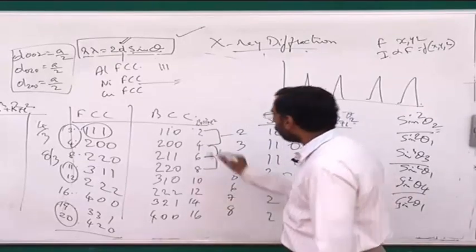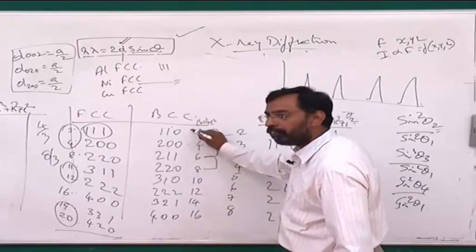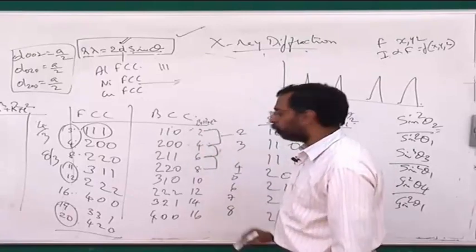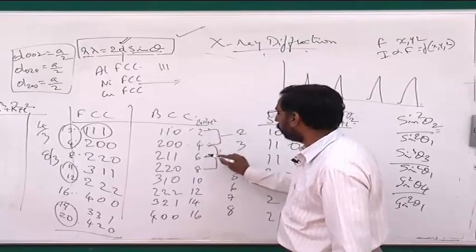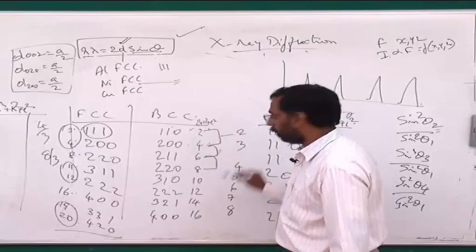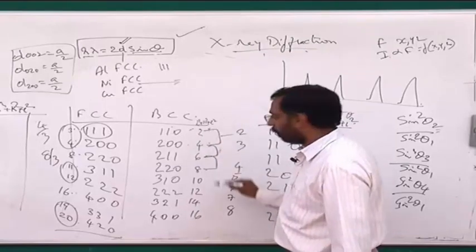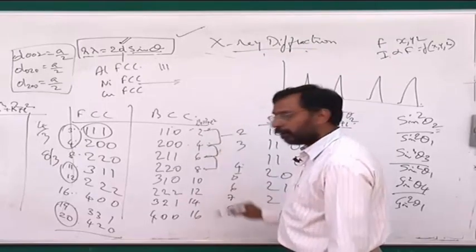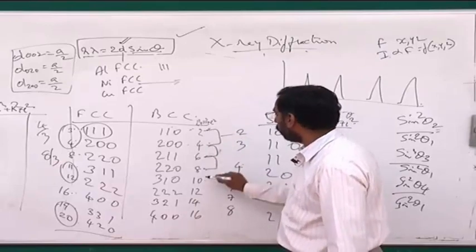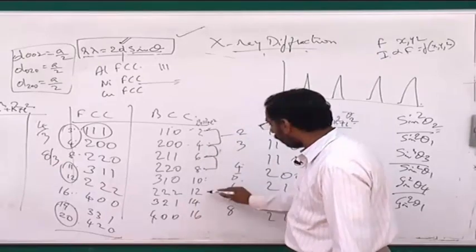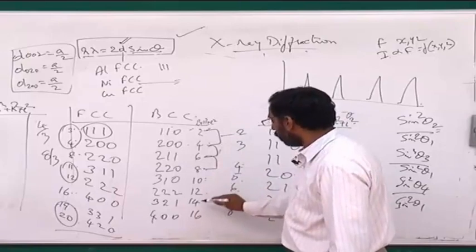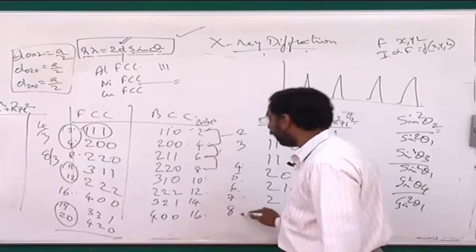Right? For example, if we take the second divided by first, 4 by 2, it is 2. Third divided by first, it is 6 by 2, 3. Fourth divided by first, it is 8 by 2, 4. Fifth divided by first, 10 by 2, 5. Sixth, 6. Seventh, 7. Eighth, 8.